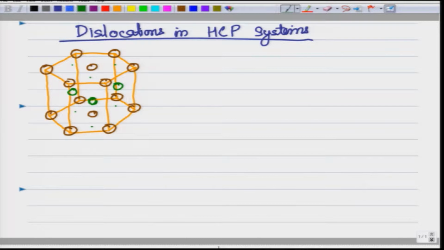Now, here the real symmetry, or the real unit cell, would be like this.